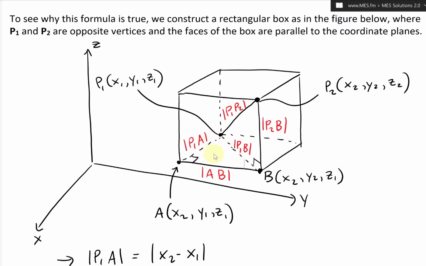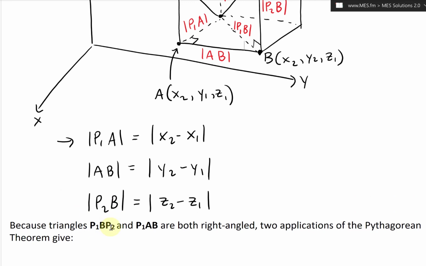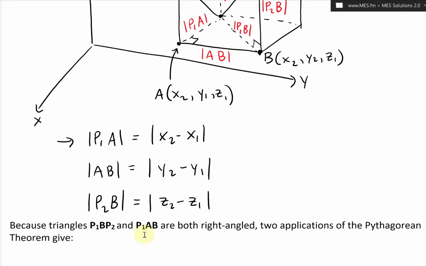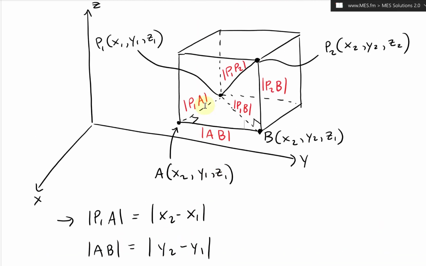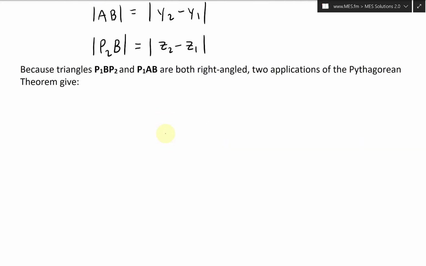It's the hypotenuse of this triangle, and then it becomes the base of this other triangle, which has the hypotenuse P1P2. So we can apply the Pythagorean theorem twice, because triangles P1BP2 and P1AB are right-angled.